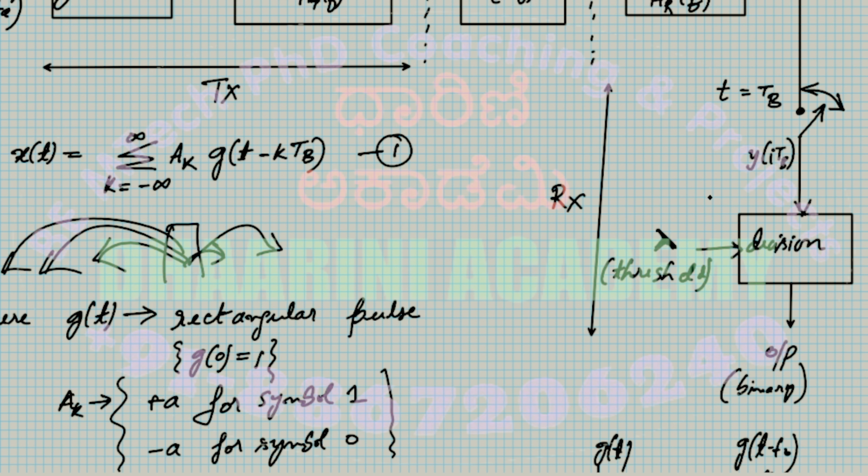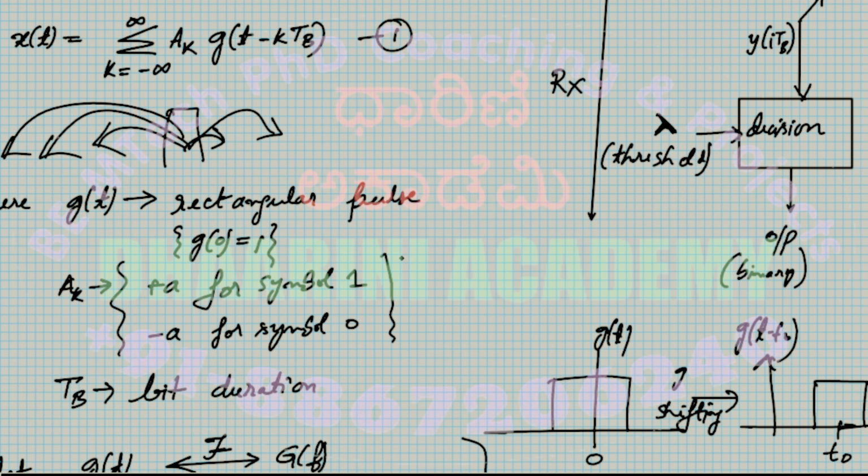That decision part we have not written here, but simply wrote output, which is a binary sequence. This complete block diagram represents what is called a baseband binary transmission transceiver system. There is a transmitter and there is a receiver, because of which we call it a transceiver system. It has both the parts.